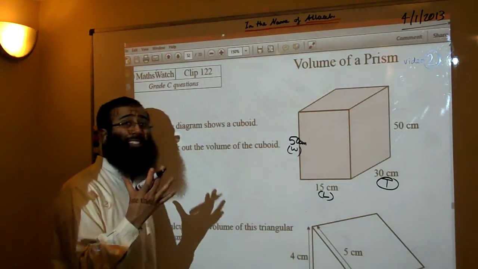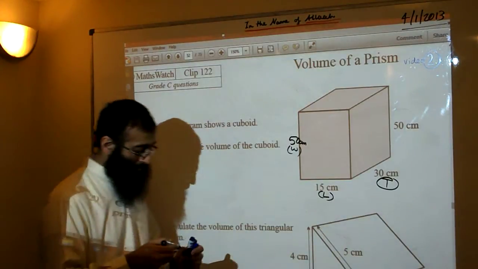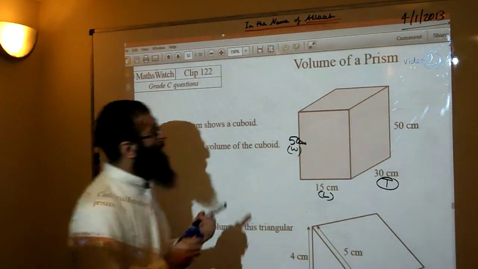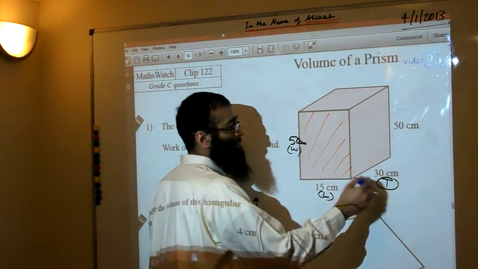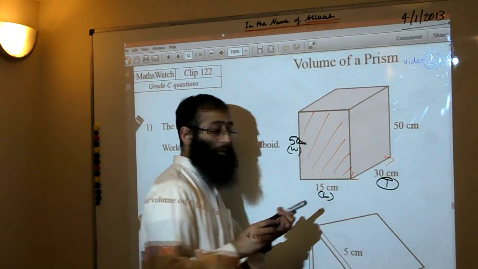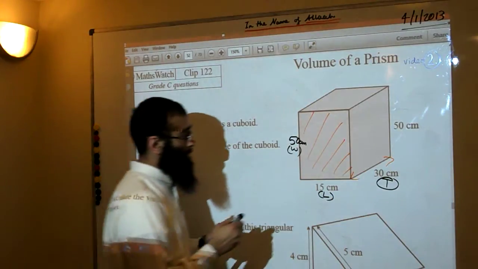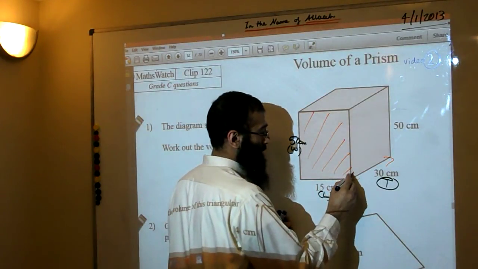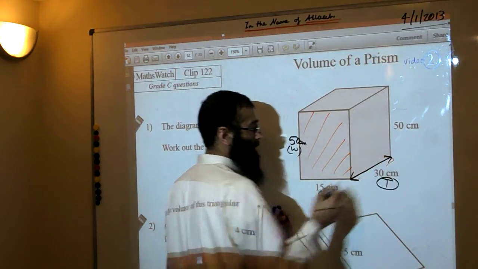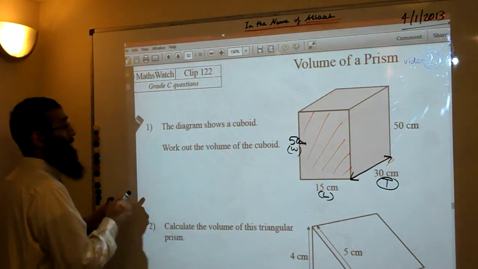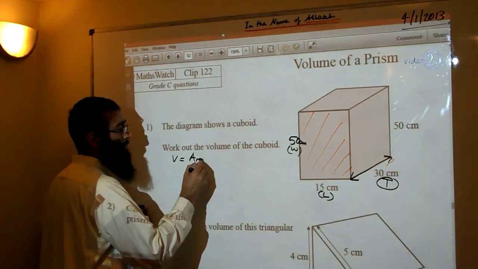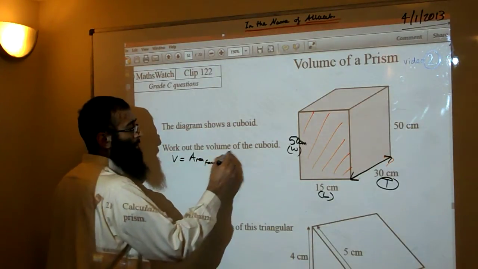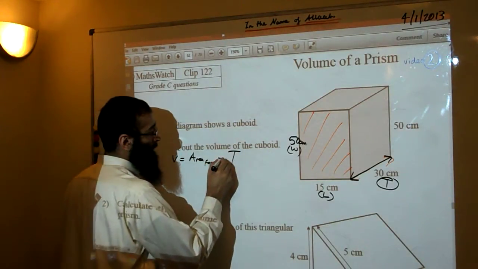The concept that we used in the previous video about volume is the area of the face of the shape times by the thickness. The face here is a rectangle, and here's our thickness. So the volume is equal to the area of the face times by how thick it is.